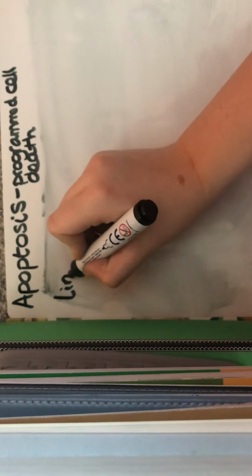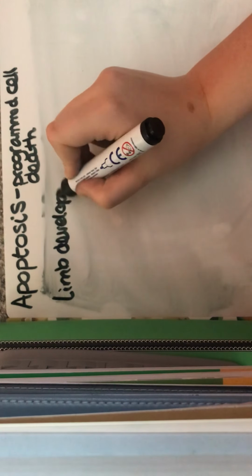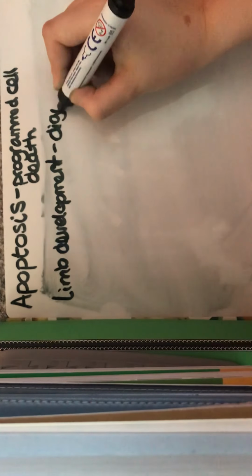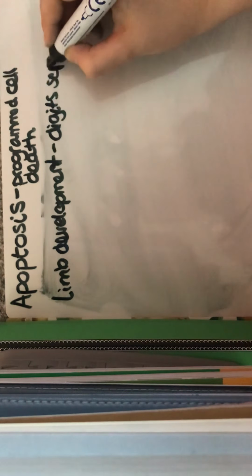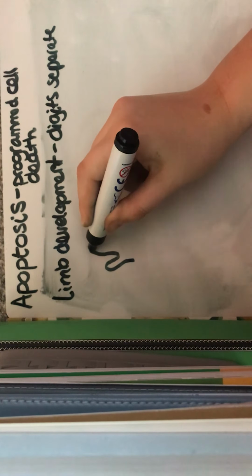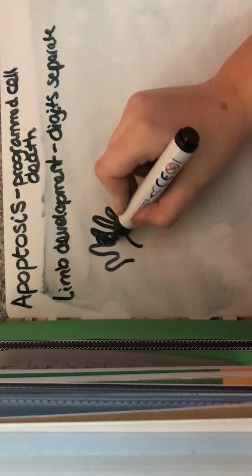So during limb development, apoptosis causes the digits to separate from each other. So if you imagine someone's hand, they might be webbed before and then they would separate.